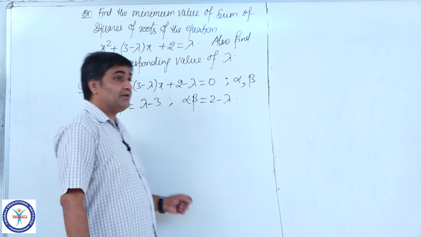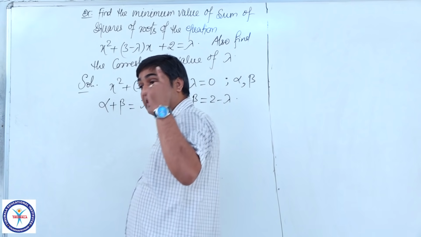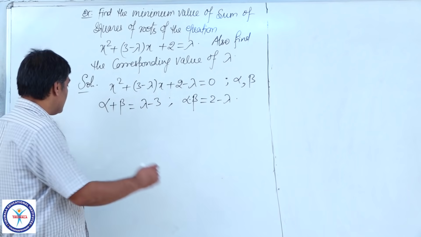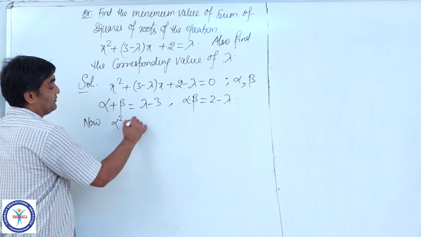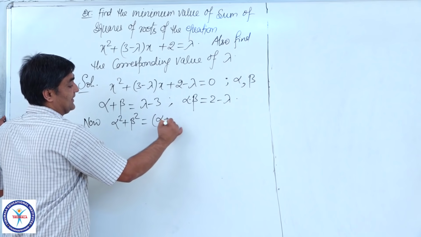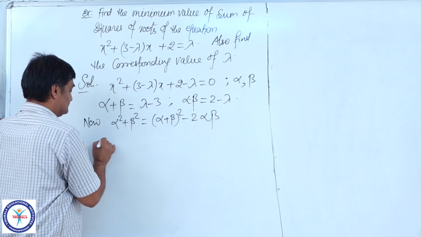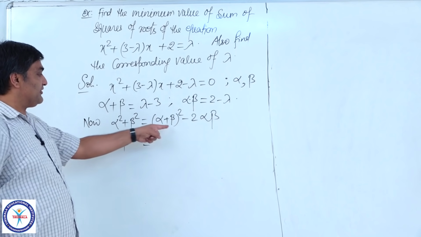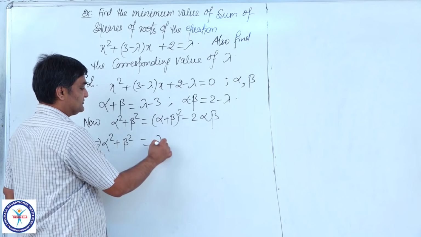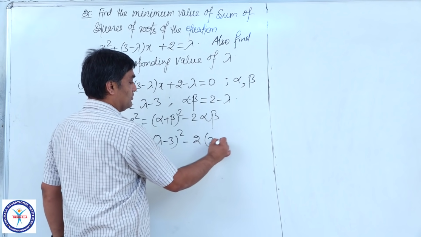Now, we have to find the minimum value of the sum of squares of roots, that is alpha square plus beta square. We can write it as alpha plus beta whole square minus 2 alpha beta, that is lambda minus 3 whole square minus 2 into 2 minus lambda.